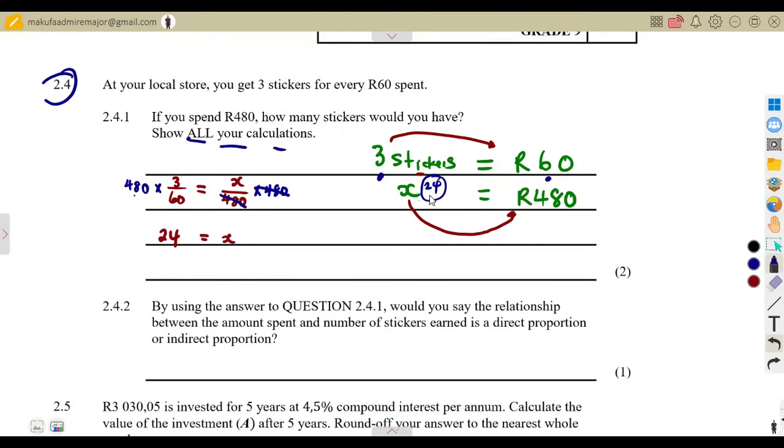We have increased the number of stickers, and the amount is also increasing. So that's a direct proportion. A direct proportion is when both increase at the same time or decrease at the same time. Inverse is the indirect way. So this one is a direct proportion, or a direct variation.